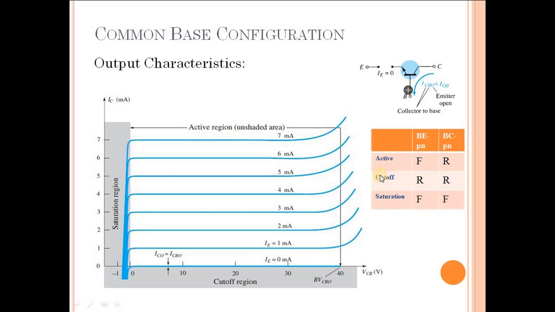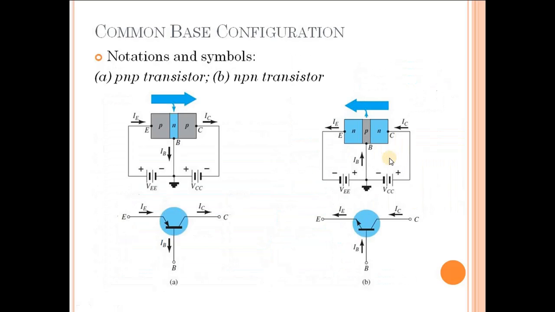So whatever biasing arrangement we have been making up till now, let's say in this figure, we were keeping the base emitter PN junction forward biased and the base collector PN junction reverse biased. In this figure also and in this figure also. So in these figures we were trying to bias the BJT to work in the active region.